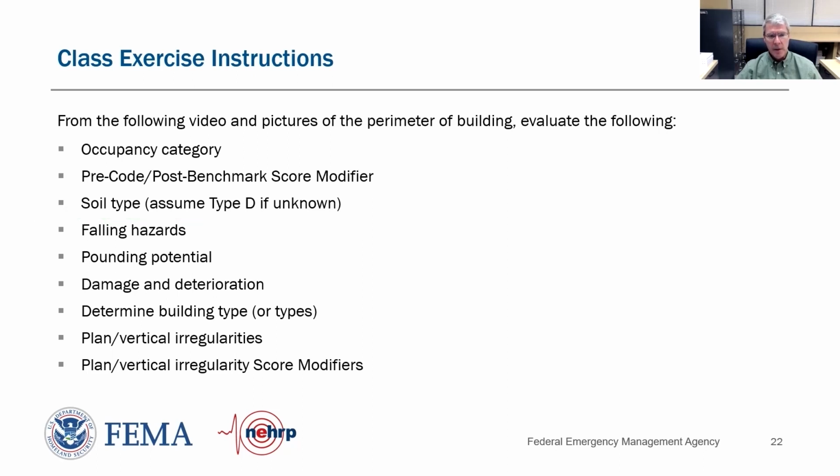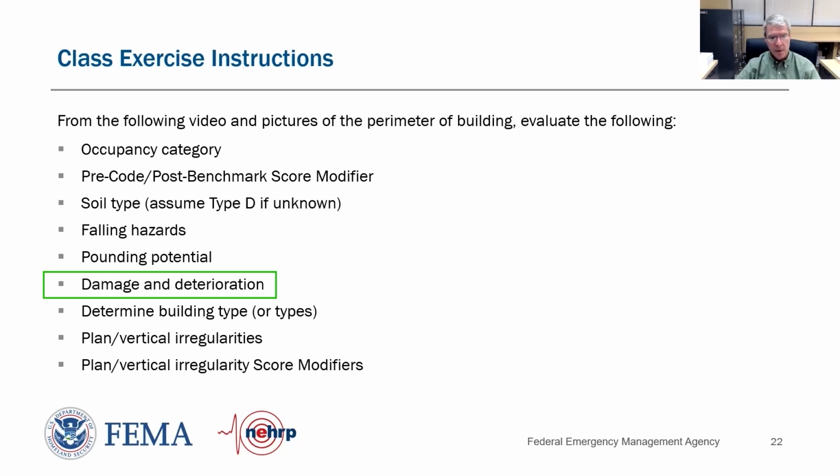As we walk around the building, make sure you look for falling hazards, appendages or whatnot that could fall if the building is shaken. We're going to look for any buildings adjacent to our building where we might have to address pounding. Take a look at the building; like I mentioned, it's 1998. Do we have any damage or deterioration of the building?